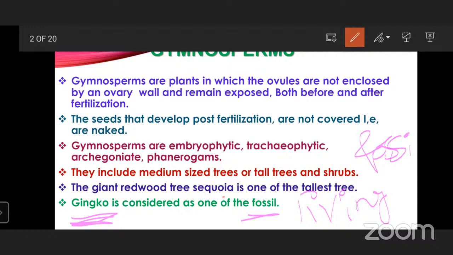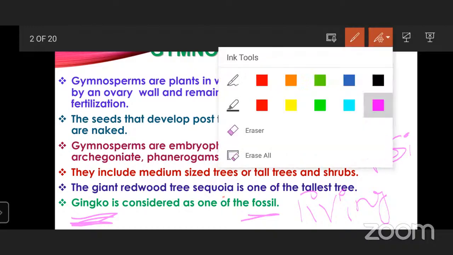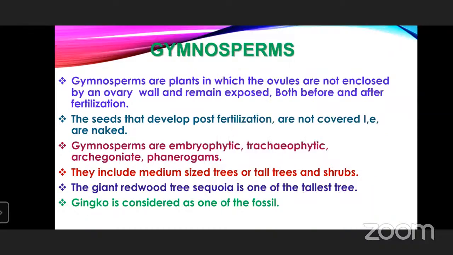Living fossil means the remnants of the plant body, the stem, leaves, and male and female cones, are preserved in the form of impressions as well as compressions. So ginkgo is considered a fossil plant, also called a living fossil. It is also important from the NEET point of view. Ginkgo belongs to the gymnosperms.